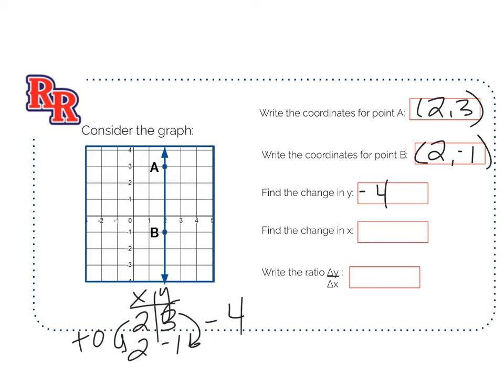If you want to do the formula, you just subtract your y's: 3 minus -1 gives me +4. If I did it the other way, it would give me -4, and it's not really going to matter because when I do my change in x, I'm going to get 2 minus 2 equals 0. And when I write this ratio, change in y over change in x, I'm going to get -4 over 0.